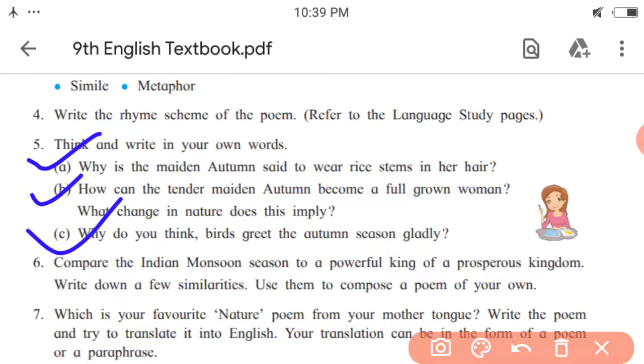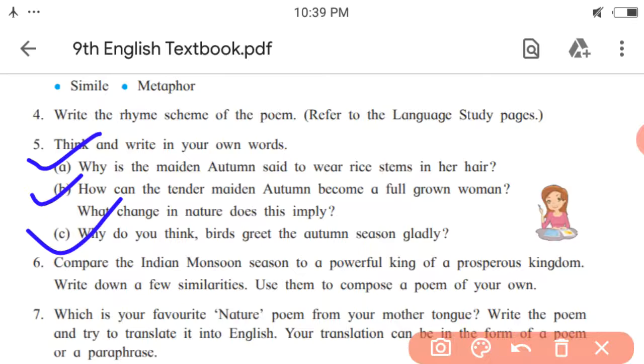Next one, why do you think birds greet the autumn season gladly? Why do they welcome it? That you have to write. As you all know, autumn is the season which gives relief from the heat observed in the season before.